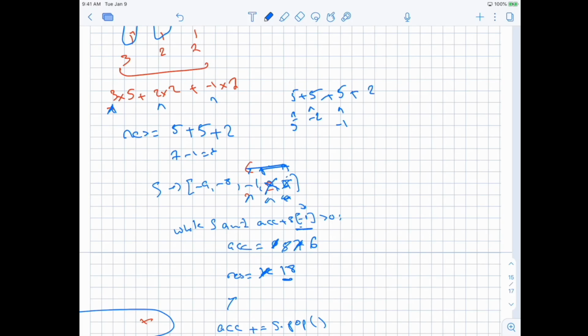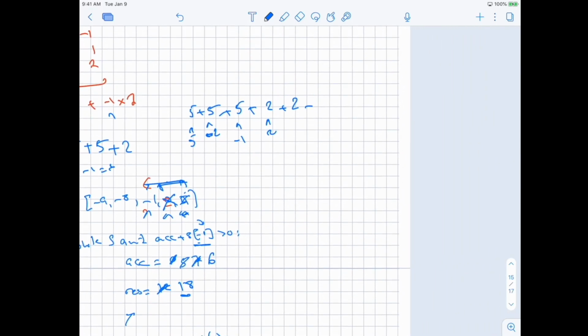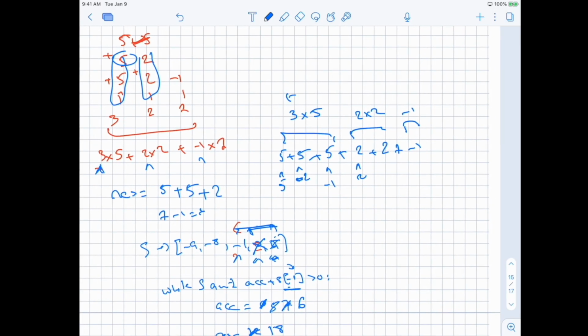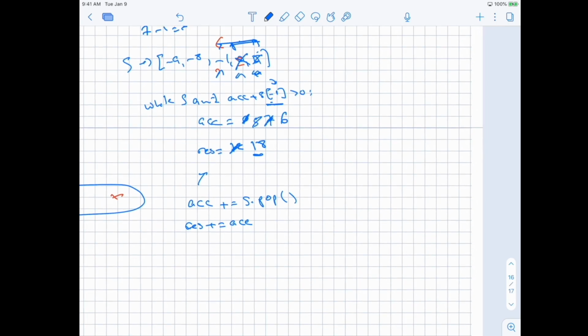For 2, it's 1 from processing 2 itself, and then 1 from processing -1. And then -1 is just once, right? So this will end up being 3 multiplied by 5, 2 multiplied by 2, and then -1. And so there you can see this is the time, this is the time, this is the time if we were going forward. Okay? I hope this makes sense.